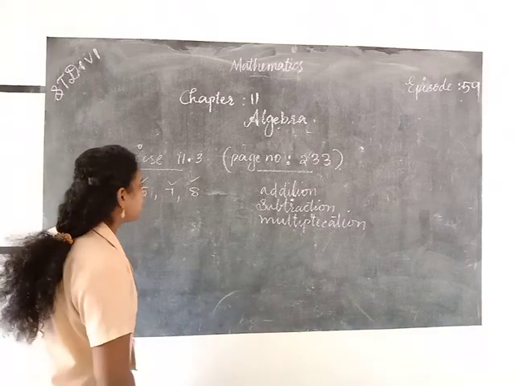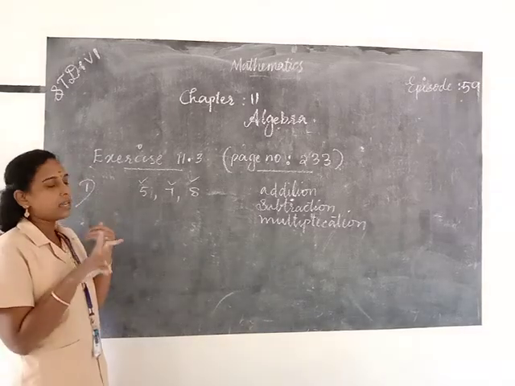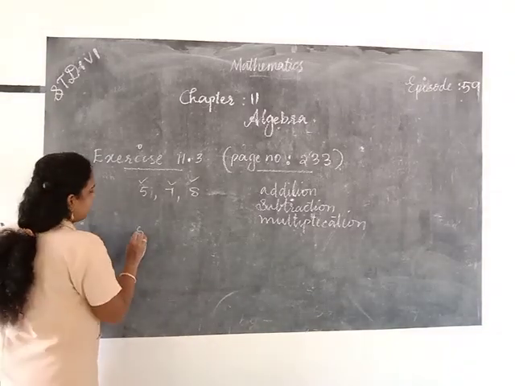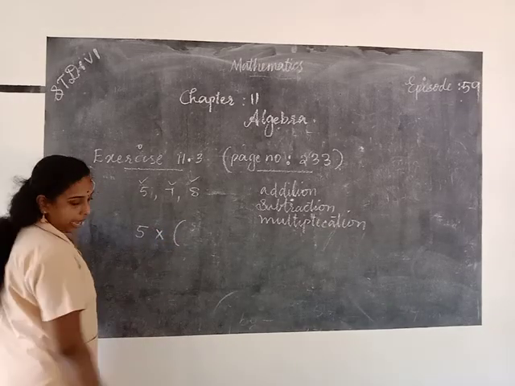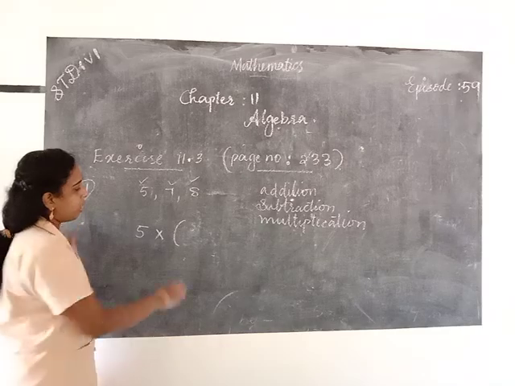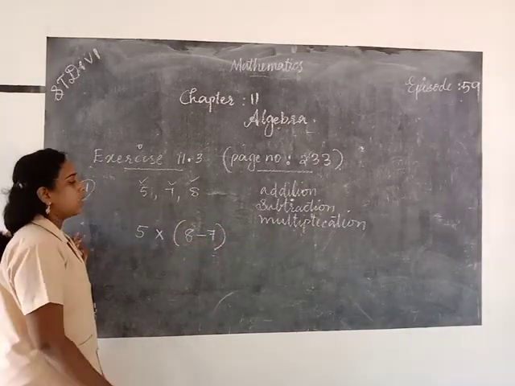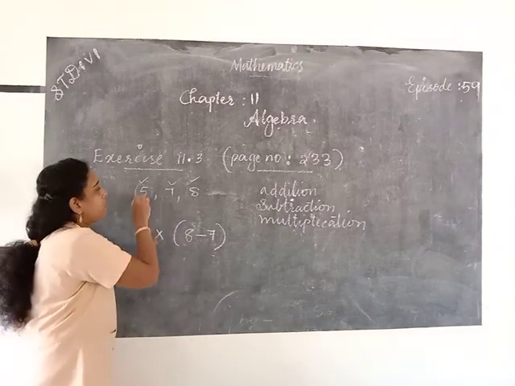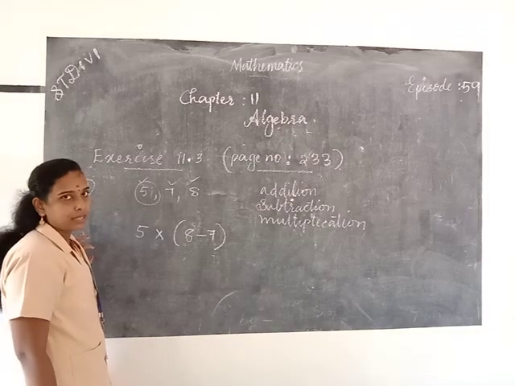So the first expression: we can use addition, subtraction and multiplication. Firstly, multiply 5 into 8 minus 7. This is one of the expressions, which means first we take the difference 8 minus 7, then multiply the first number with the result of 8 minus 7.